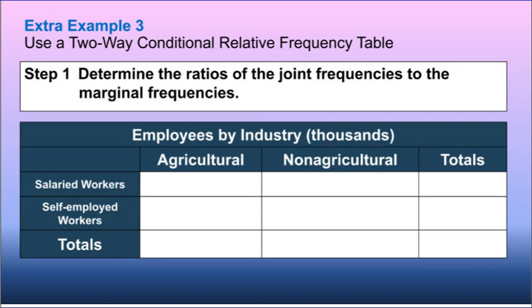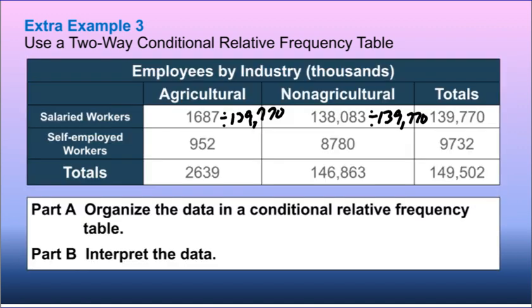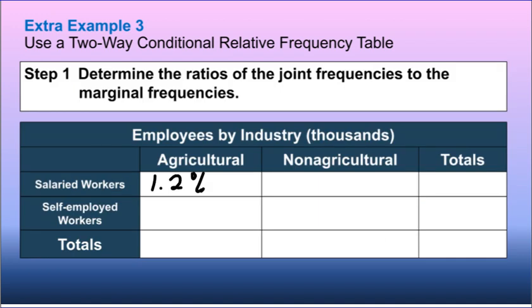That would give us 1.2%. Next, we have 138,083 divided by 139,770. And this will give us 98.8%, which will give us a total of 100% for salaried workers.